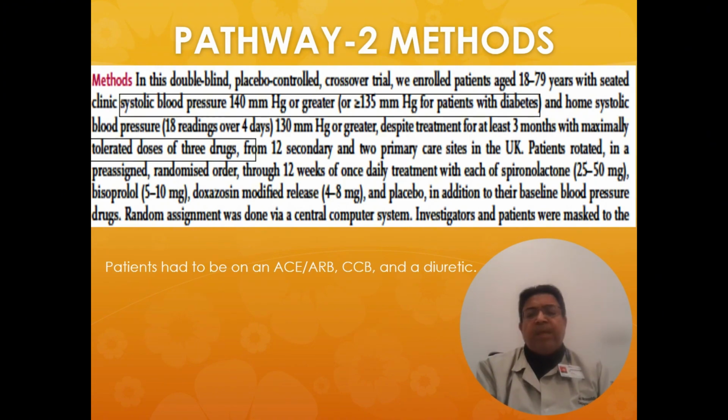In this double-blind, placebo-controlled crossover trial, they enrolled patients aged 18 to 79 years with seated clinic systolic blood pressure of 140 or greater, and home systolic blood pressure 130 or greater, despite treatment for at least 3 months with maximally tolerated doses of 3 drugs. And patients had to be on an ACE/ARB, calcium channel blocker, and a diuretic.